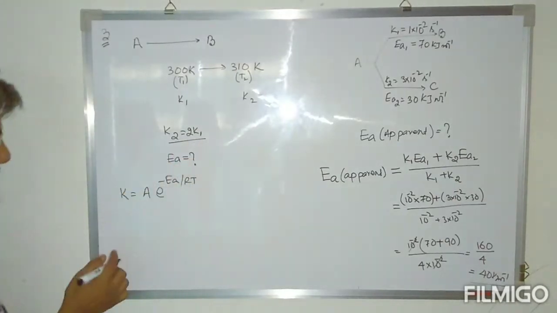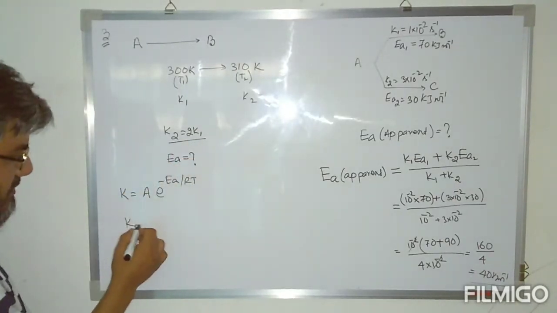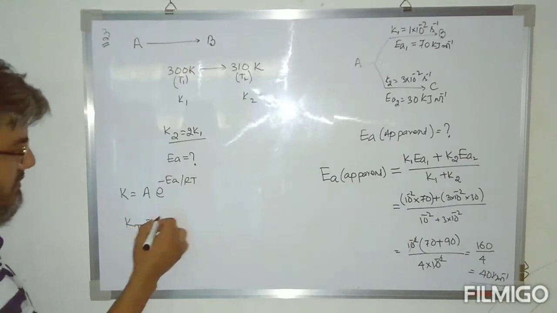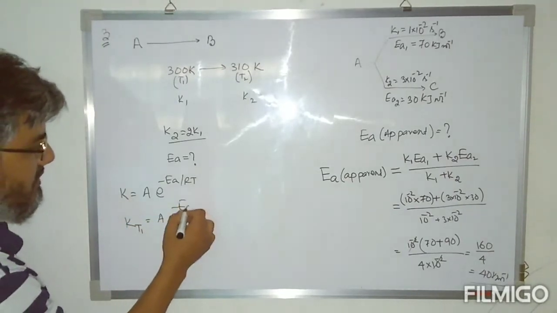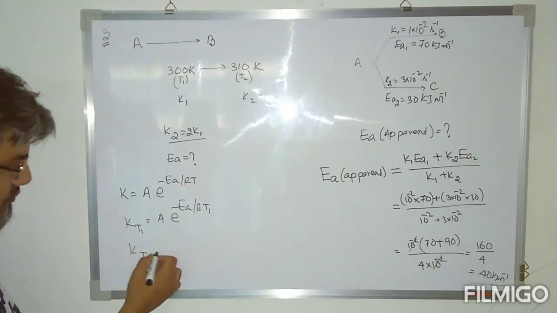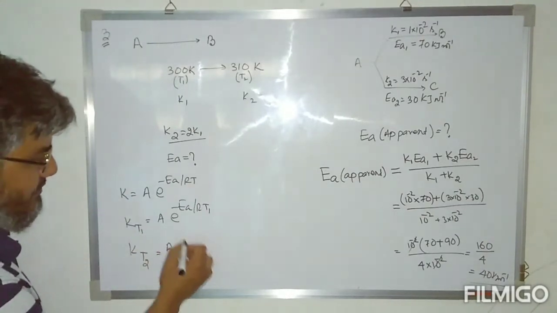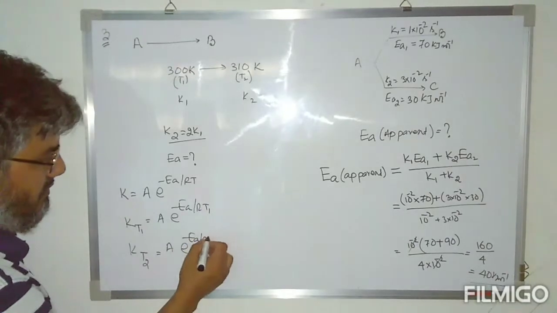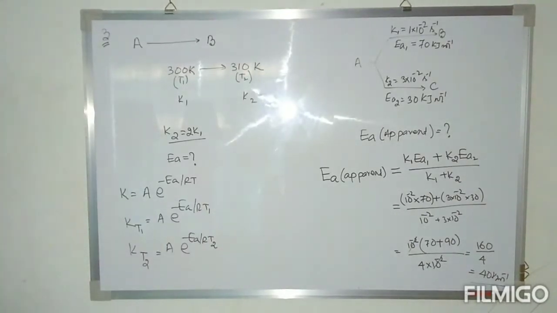So we have two temperatures. At temperature T1, we have KT1 is equal to A exponential minus EA by R T1. And at temperature T2, KT2 is equal to A exponential minus EA by R T2.